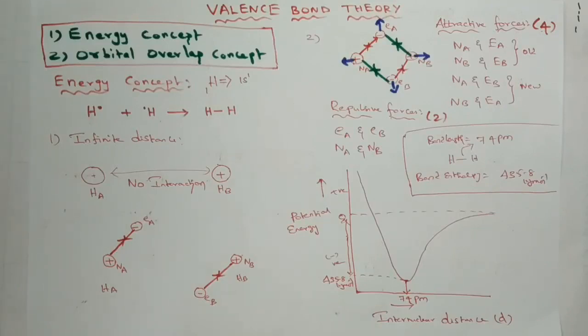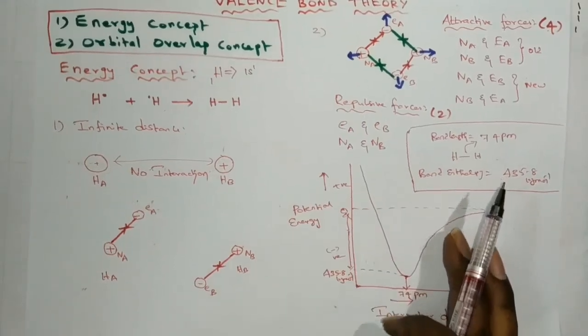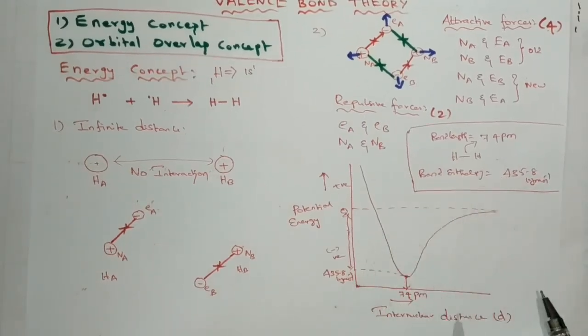Let us consider the formation of the hydrogen molecule graphically. The energy changes can be represented in graphical form. We have a graphical representation here between potential energy and internuclear distance.